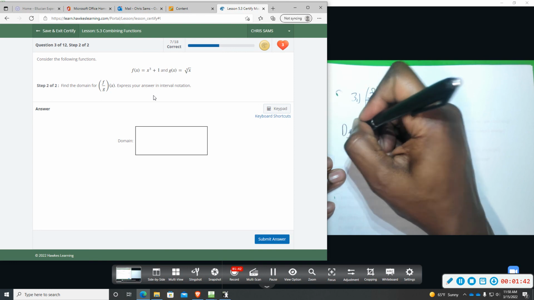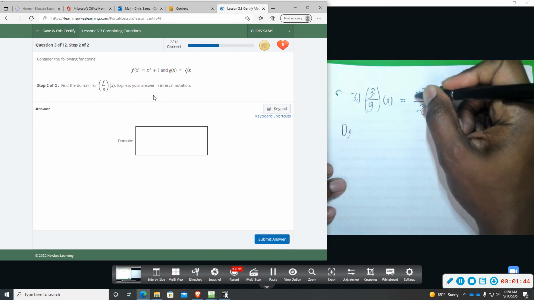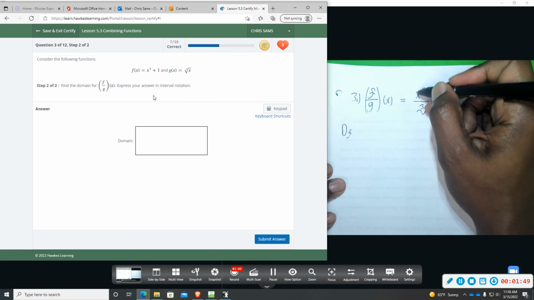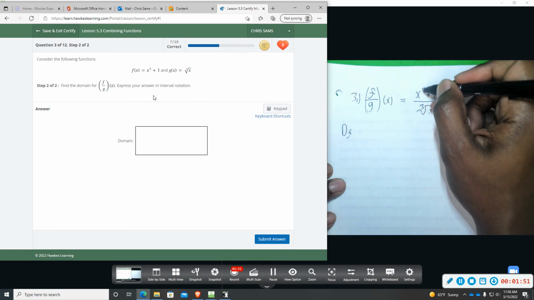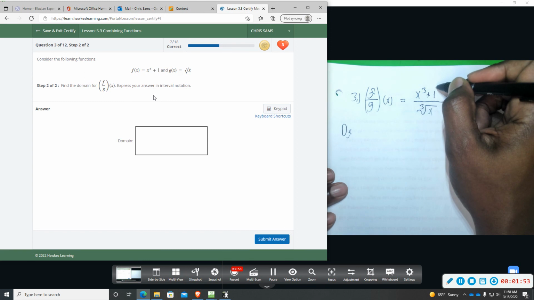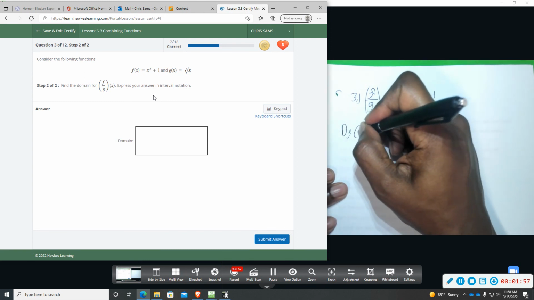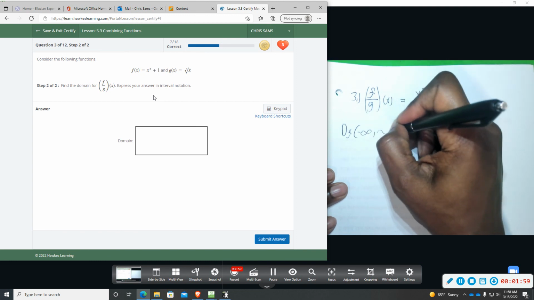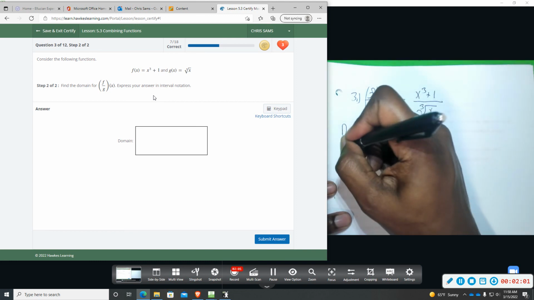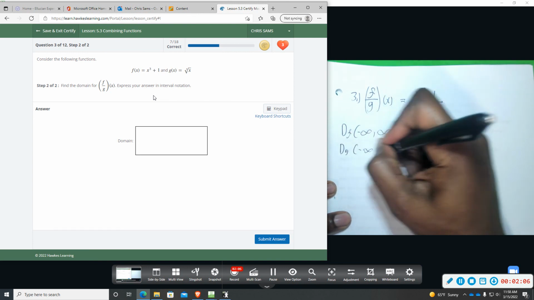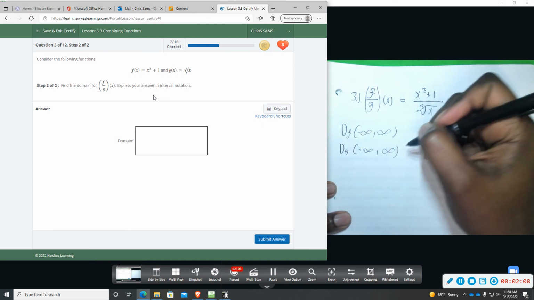So no fractions with just that term, no radicals with even powers, no square root, no logarithm. So that means that this domain is all real numbers, negative infinity to positive infinity. Domain of g is also negative infinity to positive infinity.